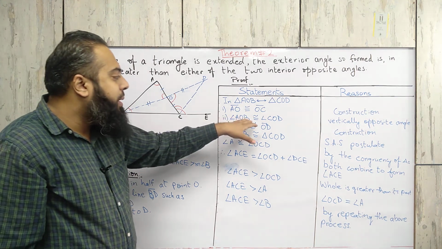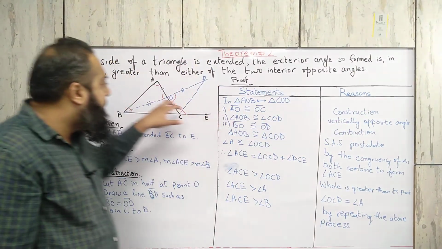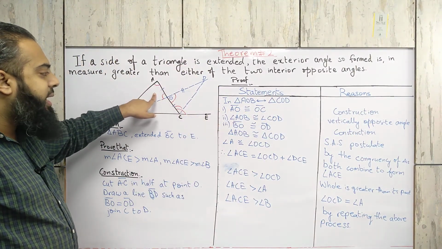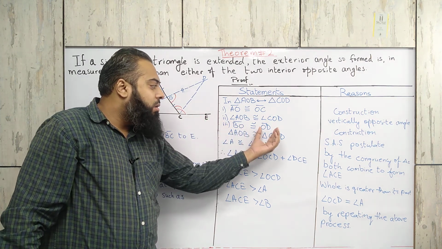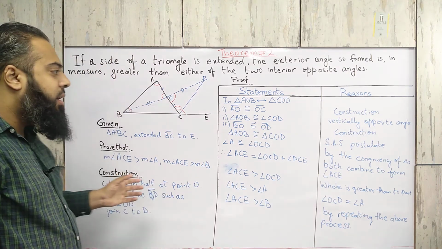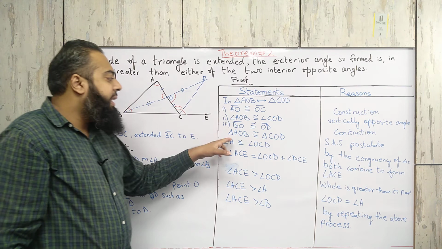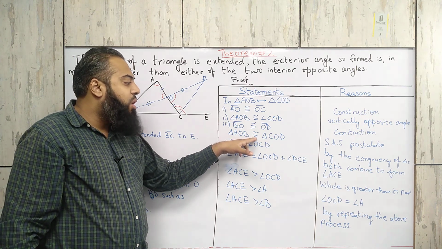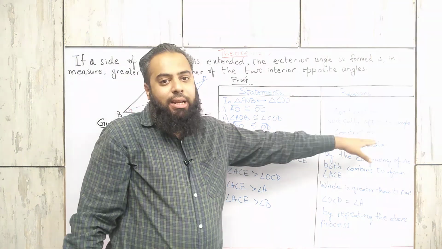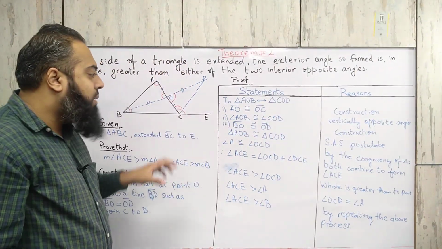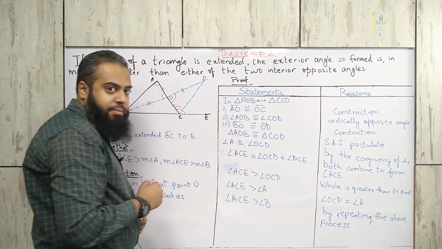And angle AOB will be congruent to angle COD, because both are vertically opposite angles, so both will be congruent. Side BO is congruent to side OD, as it has been mentioned in construction. Triangle AOB is congruent to triangle COD according to the side angle side postulate.